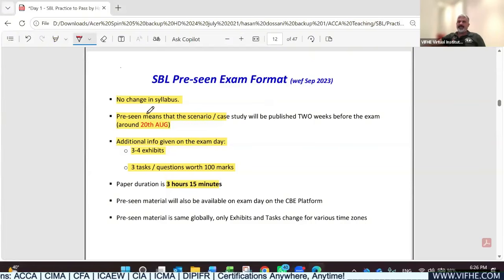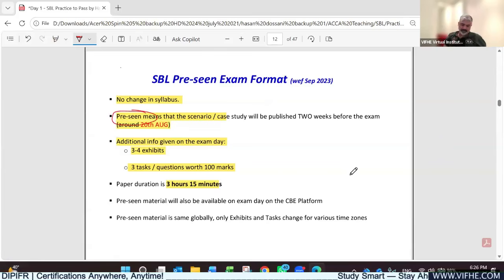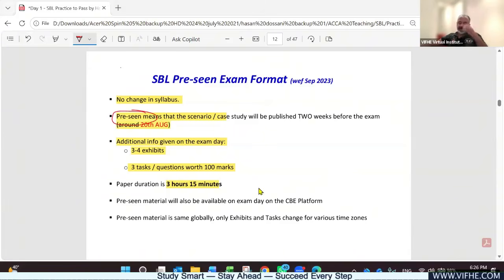All right. So it's a pretty standard paper: 3 hours and 15 minutes, three tasks, 100 marks. So do you know what the pre-seen means? What is the meaning of pre-seen material? Yes, in the ACCA SBL paper, the examiner will give you the background of the company, the background of the scenario 2 weeks before your exam.